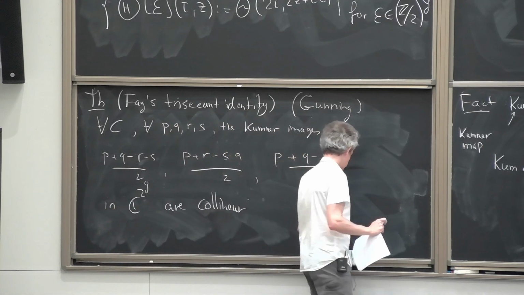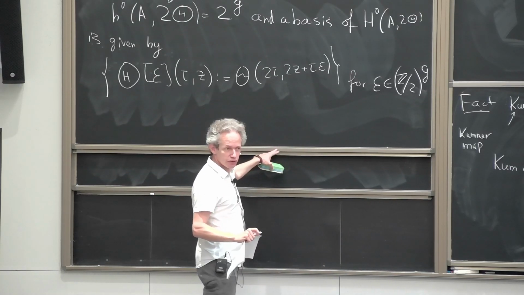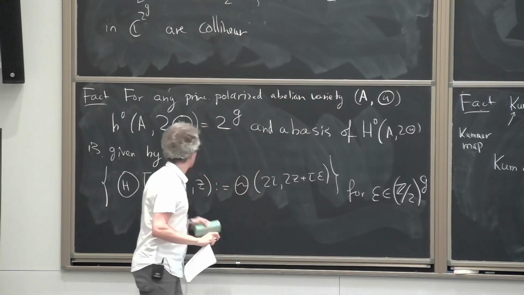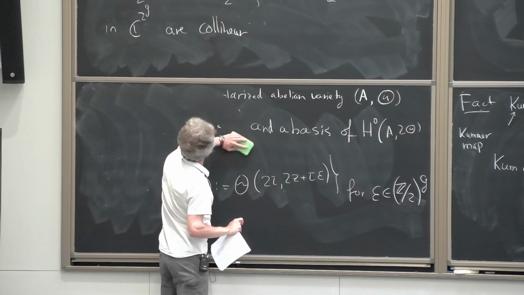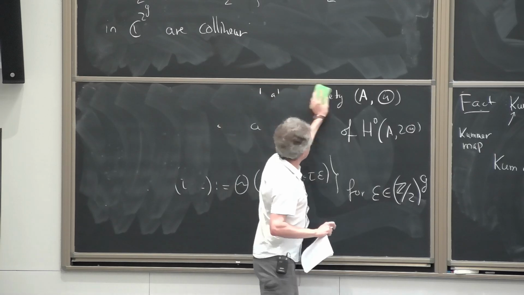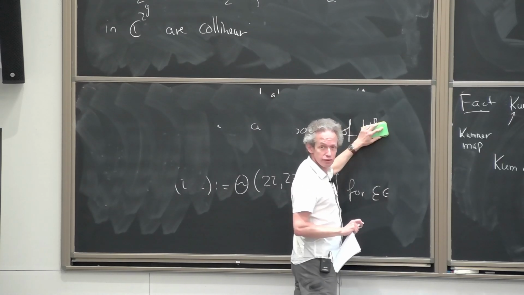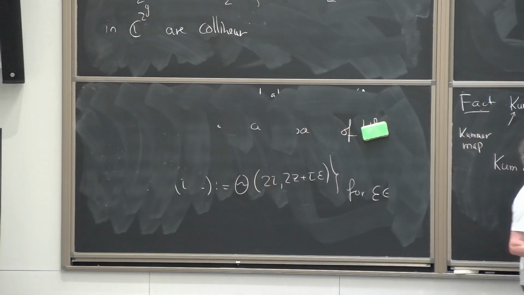Okay? Collinear. So that's what it means to be. 3 vectors are collinear. Let me draw a picture. The coefficients are this A and B and C. I can calculate them.